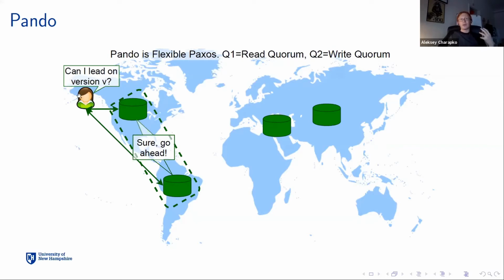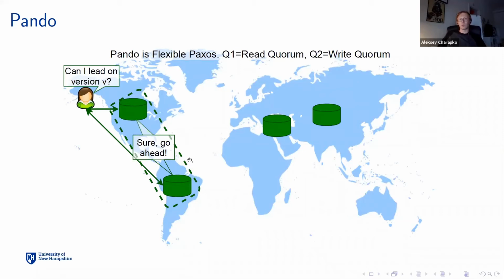So when a client needs to write some data, this client is a proposer in this Paxos system, and she will say, "Hey, can I write this document with version V?" And she will talk to her phase 1 quorum in this flexible Paxos kind of system, which doesn't have to be a majority, right?